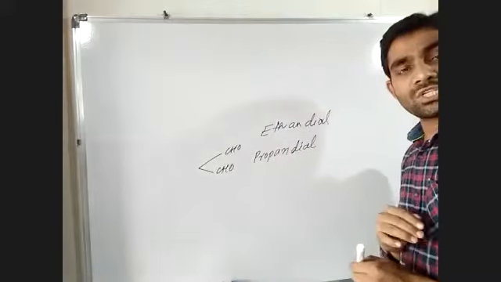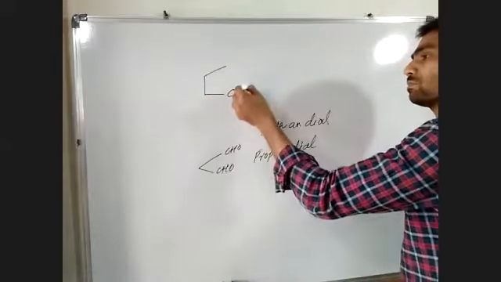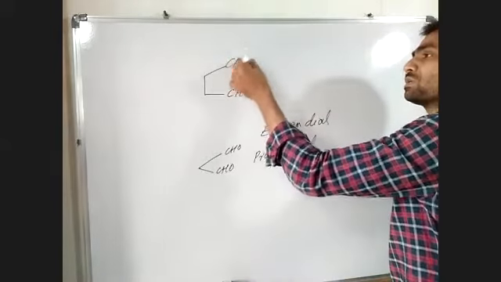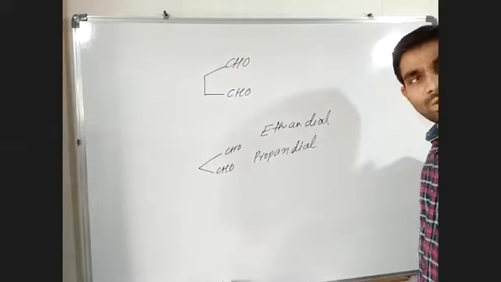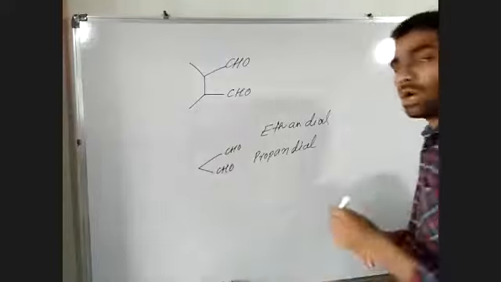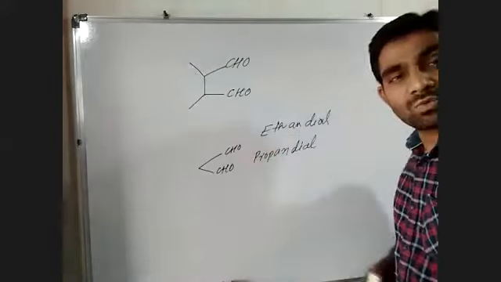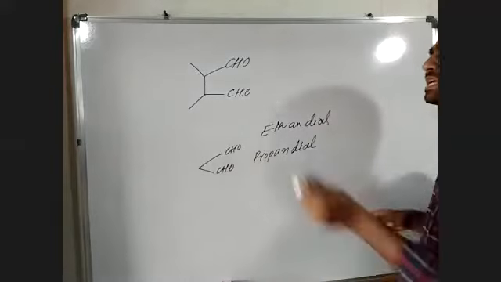I will make a small change here. Now you see this one. Now it was butane dial first, and I have written two methyl groups. So what will you say?